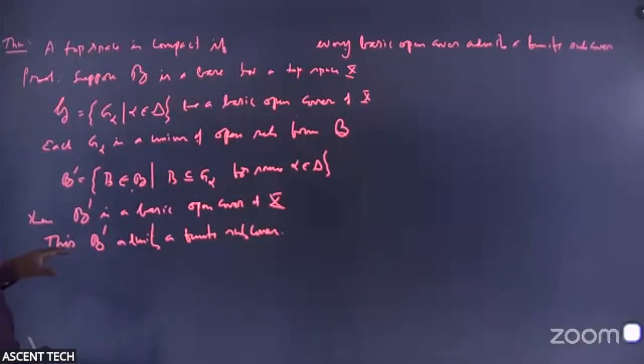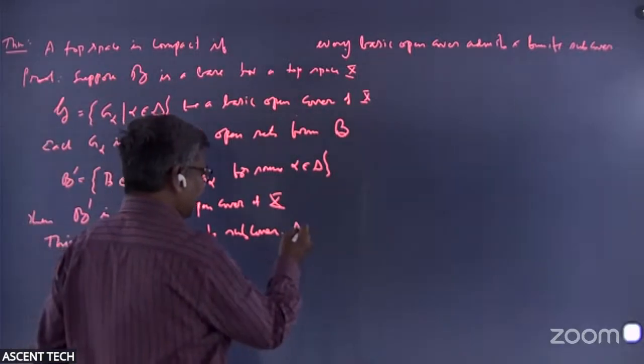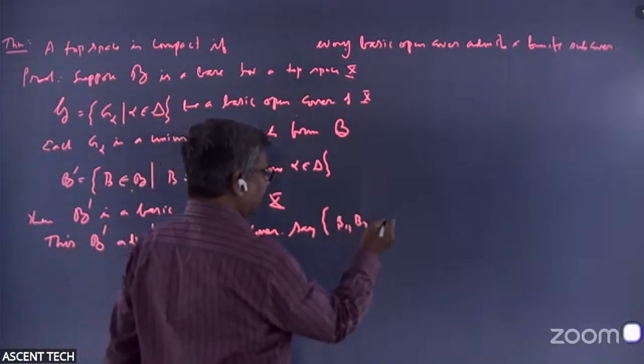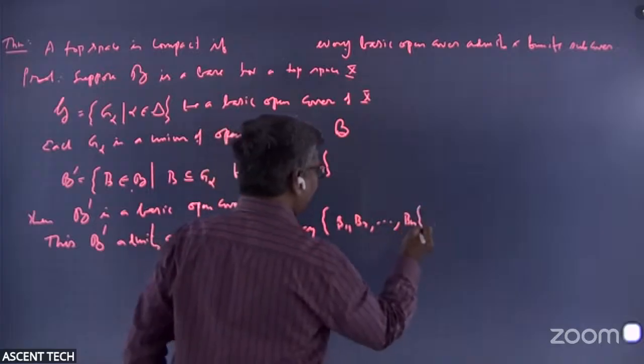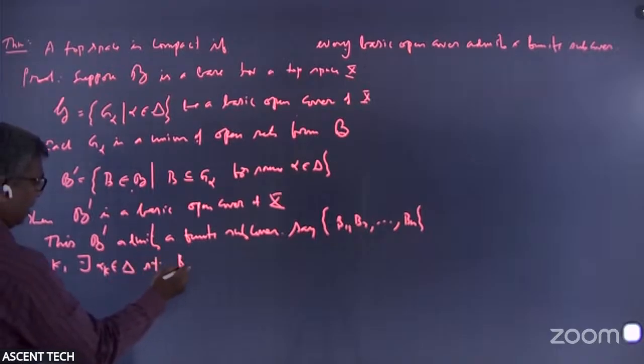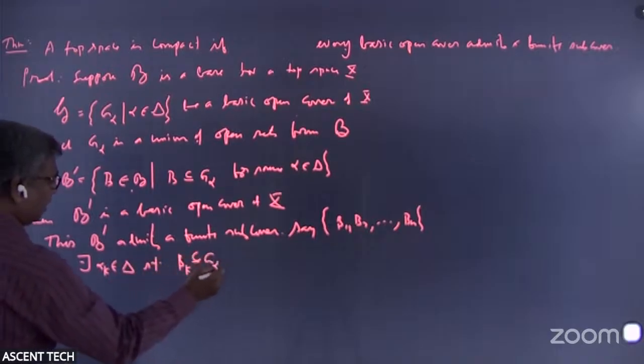So each element I have in this finite subcover, say B1, B2, etc., Bn, each Bk is in some G alpha. So for each k, there exists an alpha k in delta such that Bk is contained in G alpha k.